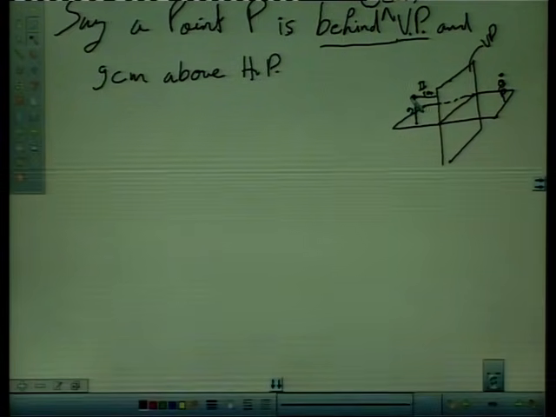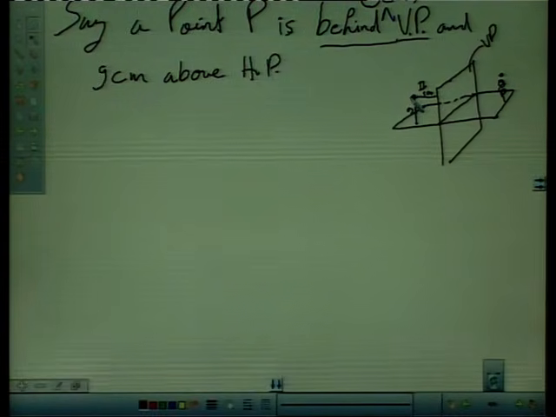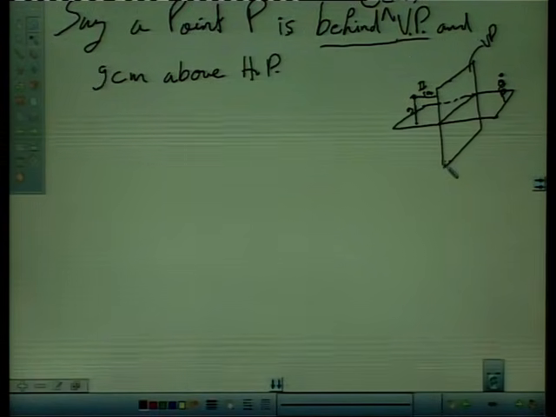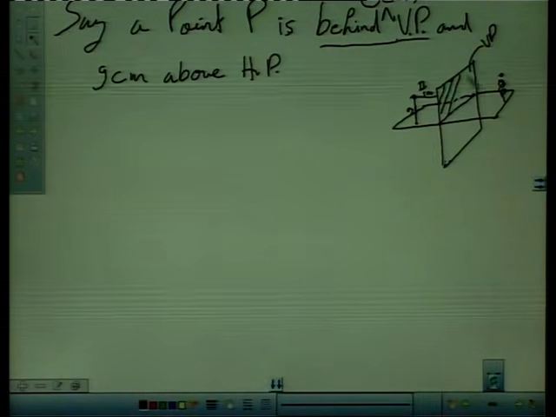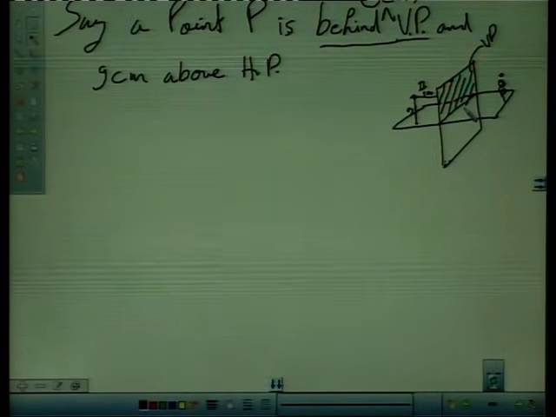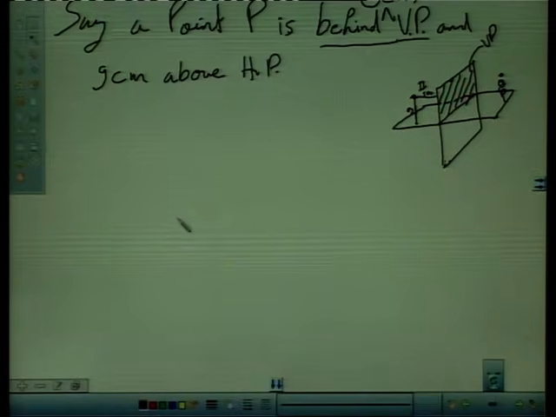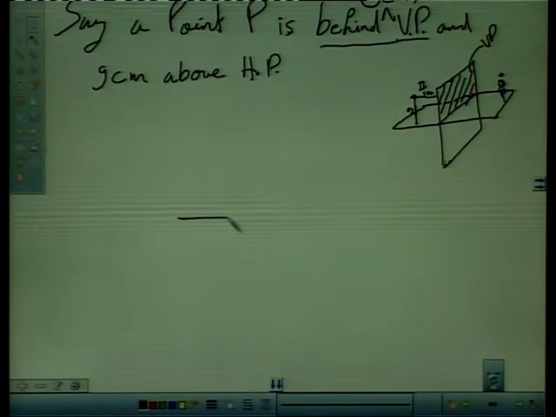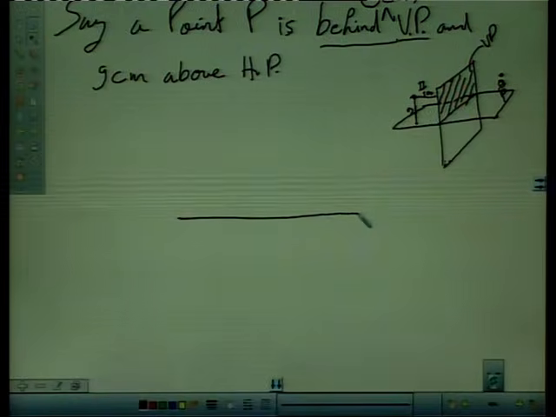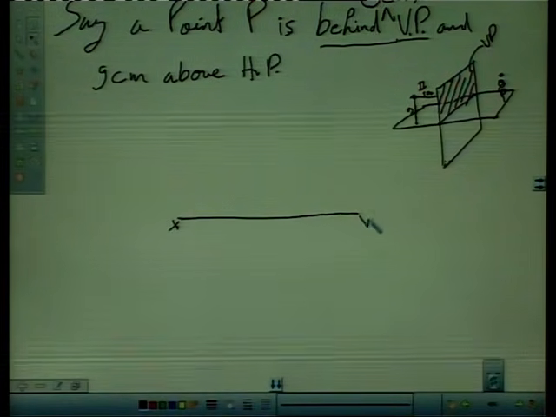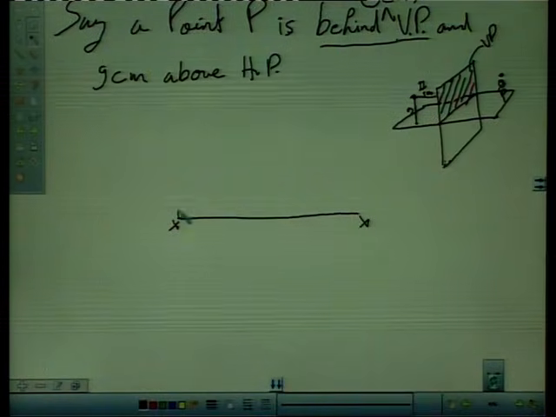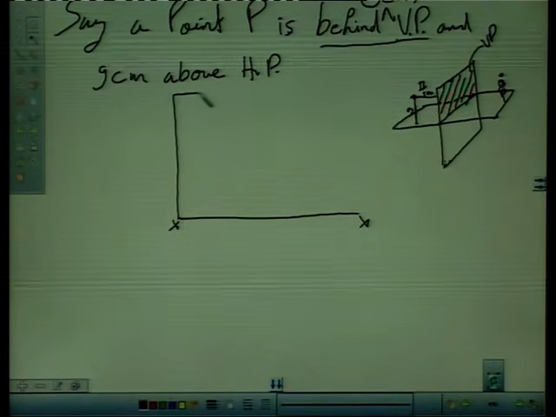So how to draw its projection? Here again, this vertical plane will remain parallel to the sheet. We can straightaway draw it. Say this is x-axis. We can draw vertical plane.